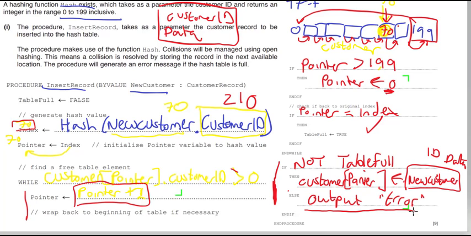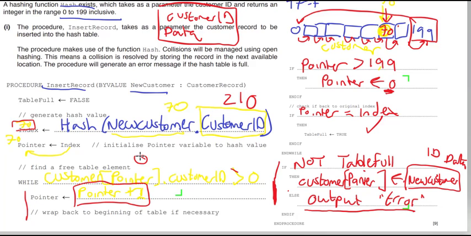So really, what we're looking at right now is the following. We've got finding the element by doing our hash. We've then got this loop. This loop will keep looping until the pointer position for customer ID is greater than 0. It's going to keep going. So basically, it's literally going to stop when it's at 0.